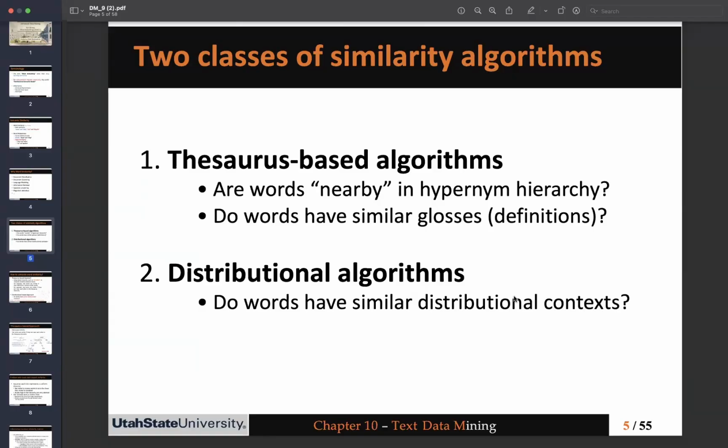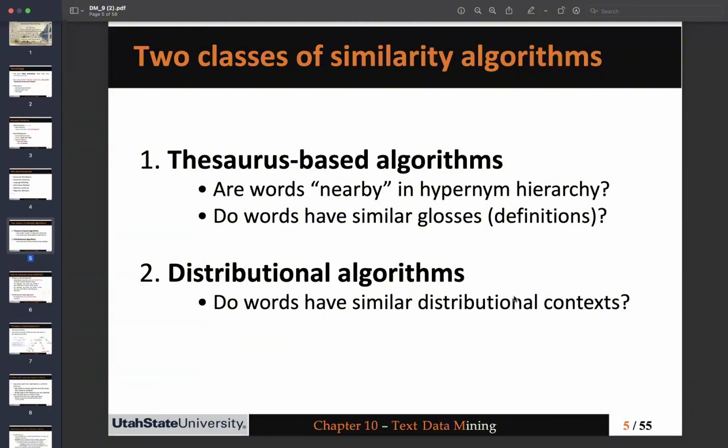The second category of methods are the more modern approaches, and the ones that we're going to focus on mostly in the text mining portion. Distributional methods learn from raw text data, and the core question they ask is, do two words appear in similar contexts?